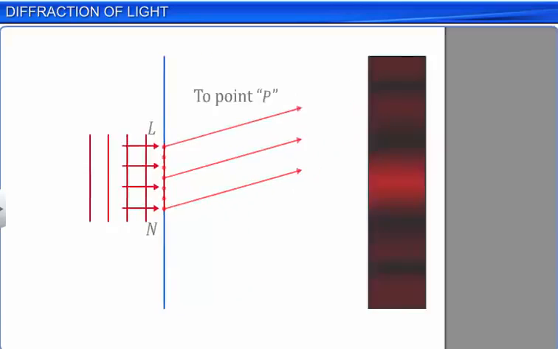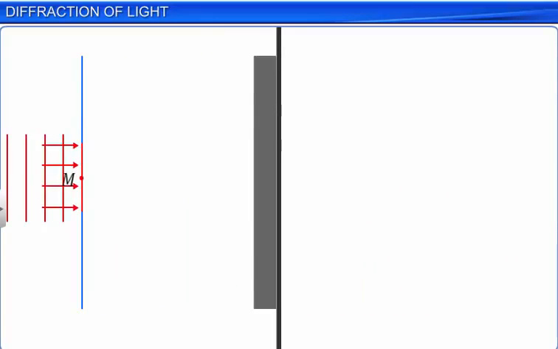Let M be the midpoint of the slit and a straight line passing through M be perpendicular to the plane of the slit, which meets the screen at C. Let the line joining the points M and P make an angle theta with the normal MC.